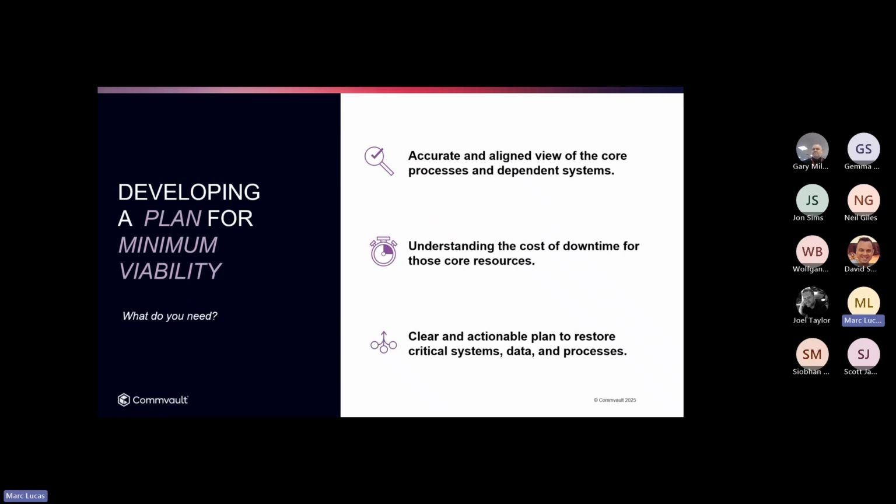But when they then compare the cost of achieving that minimum viability, or being cyber resilient, which is ideally what they should think about, the whole kit and caboodle, the cost of that compared to the average cost of downtime is a drop in the ocean. And unfortunately, Marks and Spencer's found that out the hard way.